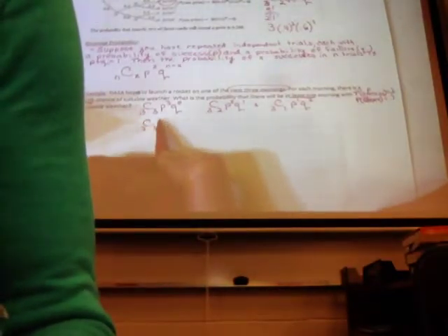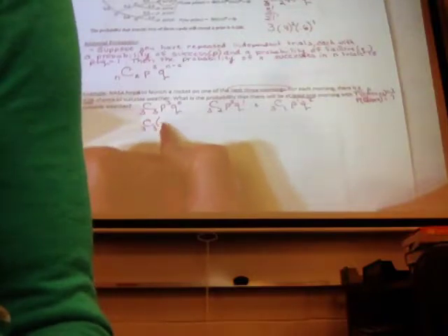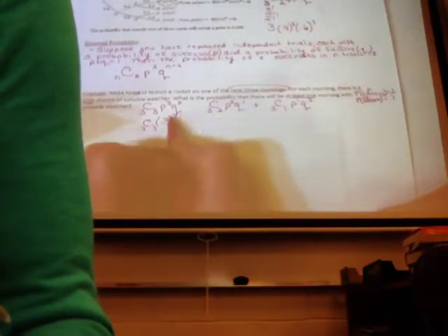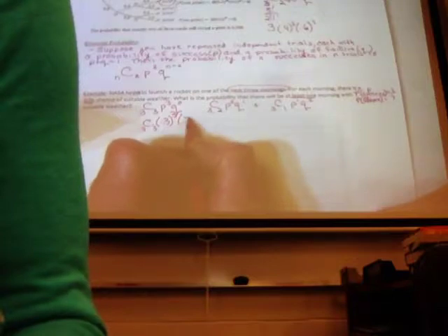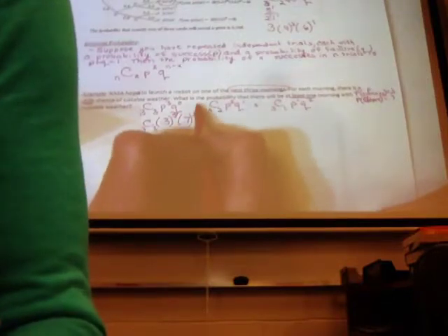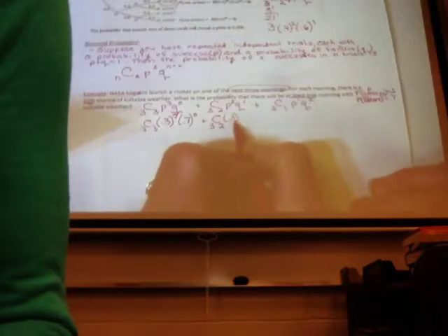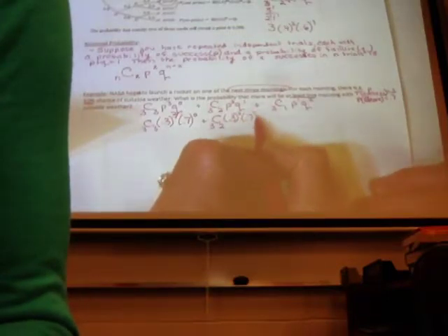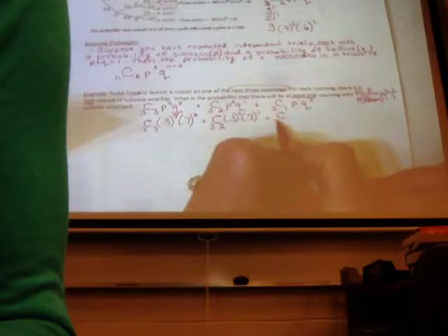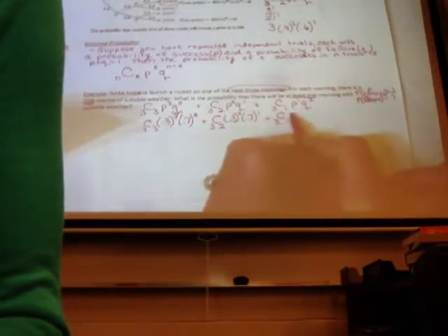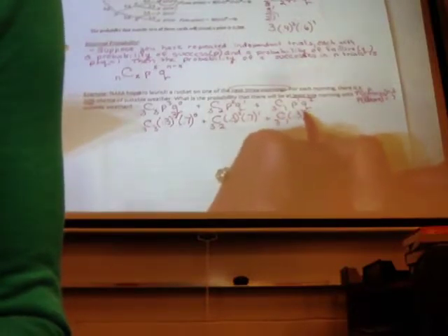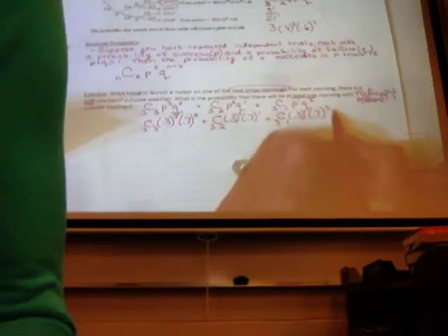So here you have the combination of 3, 3, and this is 0.3 cubed and 0.7 to the 0, and I'm going to be adding these. This is a combination of 3 things, 3 mornings, 2 have to be successful, 0.3 squared, and 0.7 to the first. This is 3 mornings we have to choose, and only 1 day is successful, 0.3 to the first and 0.7 squared.